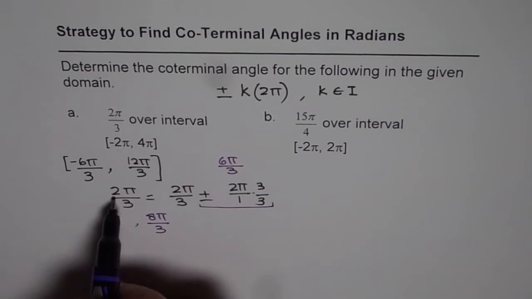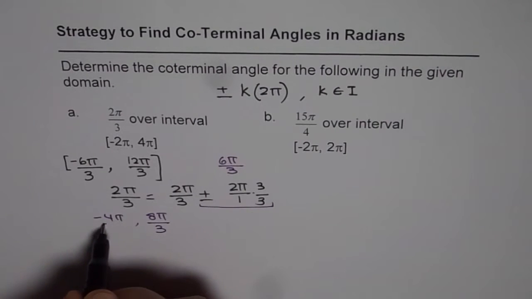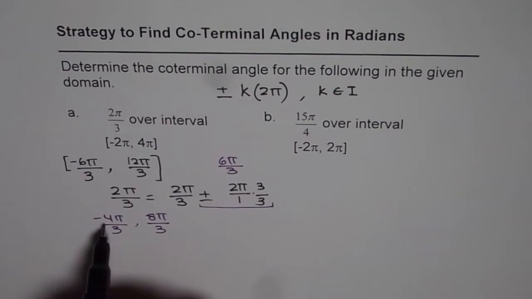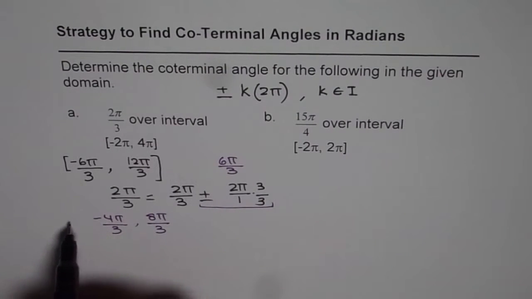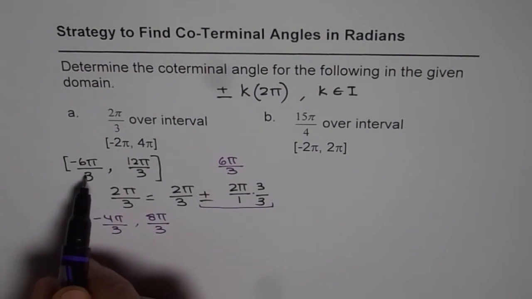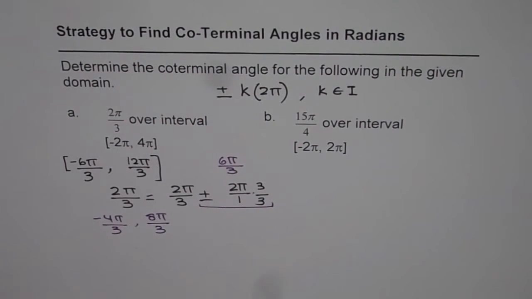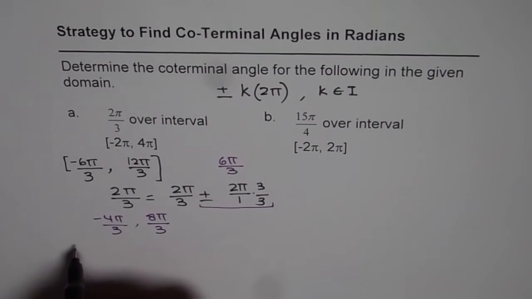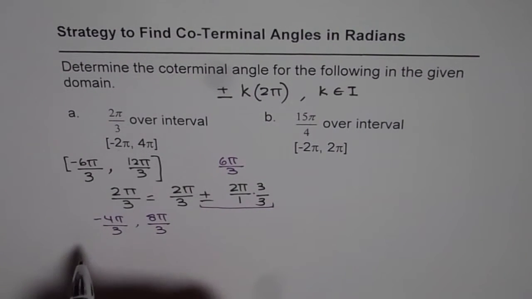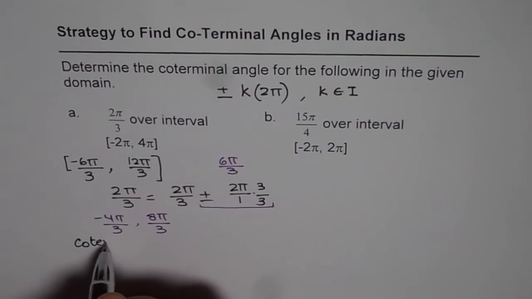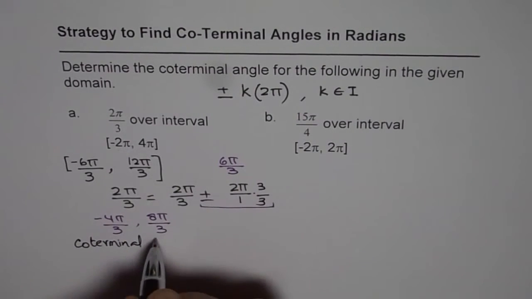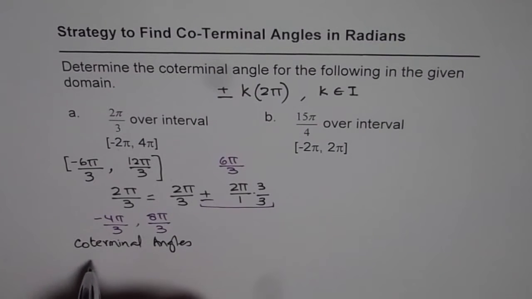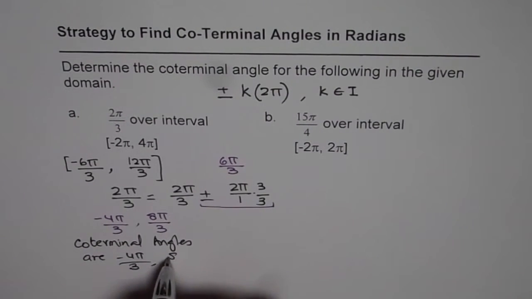So when I take away 6 pi by 3, I get minus 4 pi by 3, correct? Further, if I take away 6 pi, I get minus 10. So that is not within our limit. So these are the two possible answers. Do you see? So therefore, we can write from here that the coterminal angles are minus 4 pi by 3 and 8 pi by 3. Do you get the point?